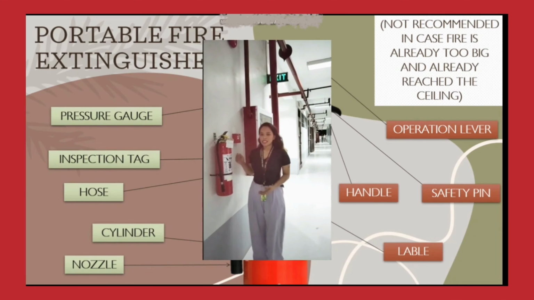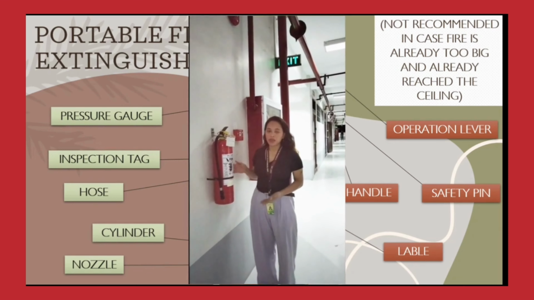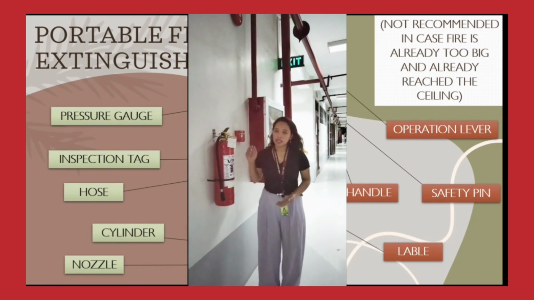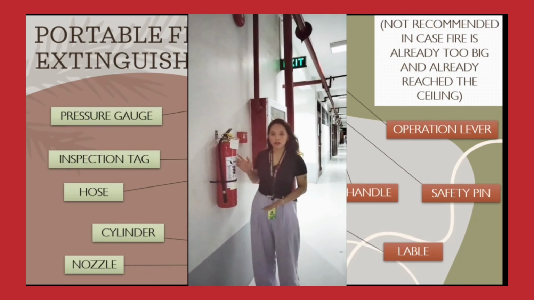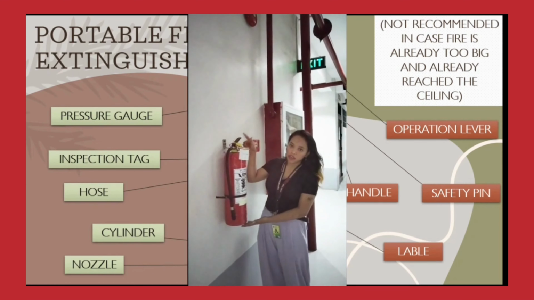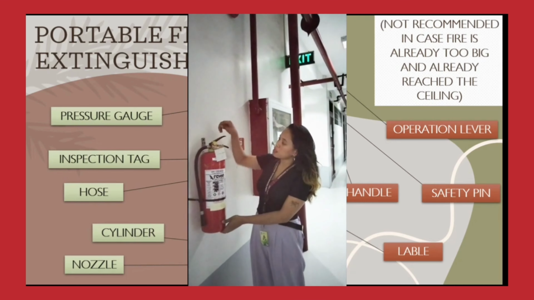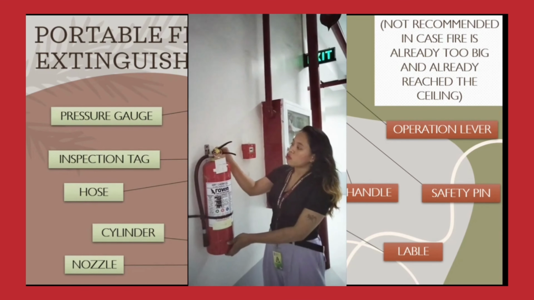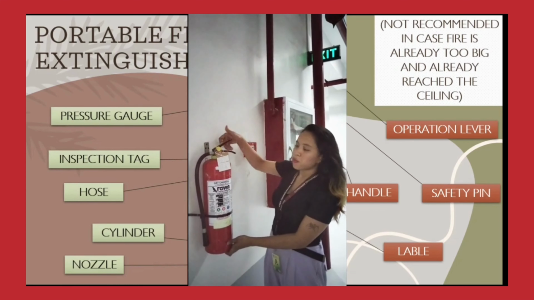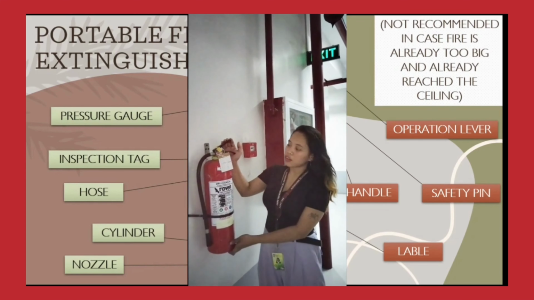Alright, so this is the fire extinguisher that we can find outside the room. So I am going to tell you the names of each part of the portable fire extinguisher. So this is the operation lever, and this one here is the handle, and you can see here our safety pin. So you have to pull it off so that you can press the handle and the lever together.